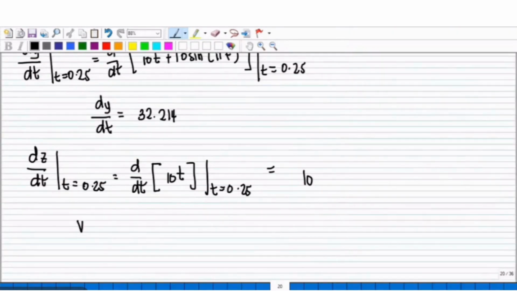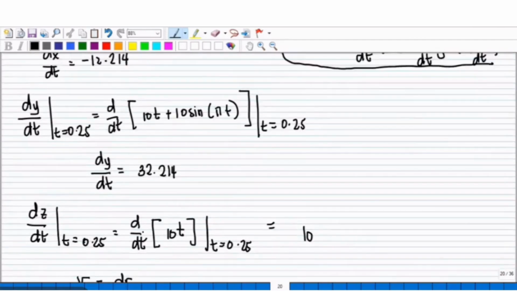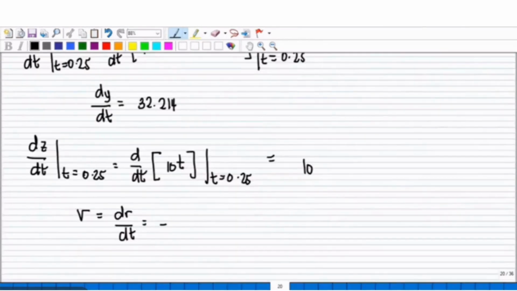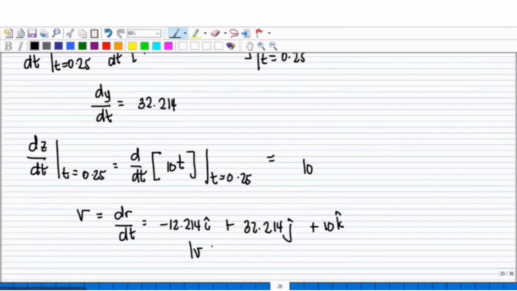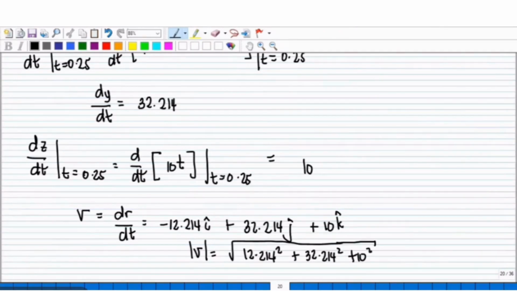Therefore, velocity now, which is equal to dr/dt, is equal to negative 12.214 i plus 32.214 in the j direction plus 10k. So kunin natin yung magnitude. Therefore, that is the square root of 12.214 squared plus 32.214 squared plus 10 squared.